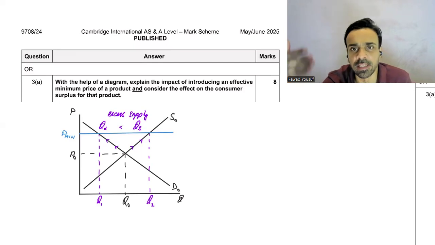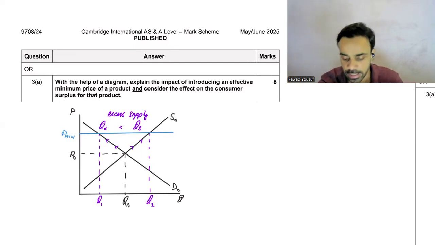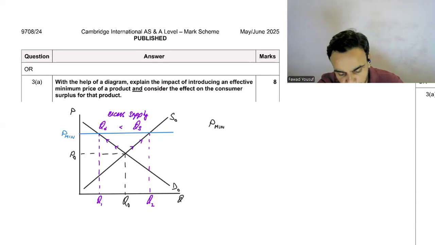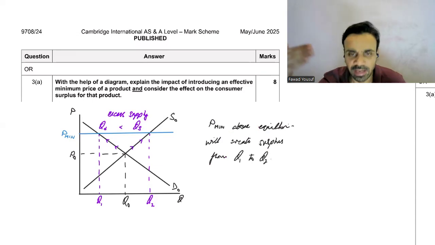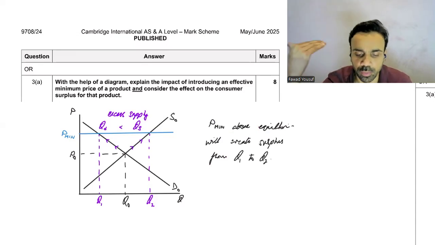It is saying explain the impact of introducing. So I guess in your writing, then I think you should definitely explain that P minimum above equilibrium will create a surplus from Q1 to Q2, and even like a further explanation that price ऊपर जाएगी.